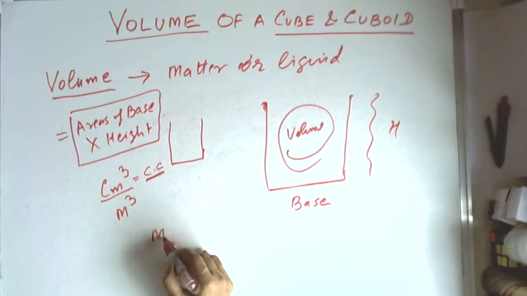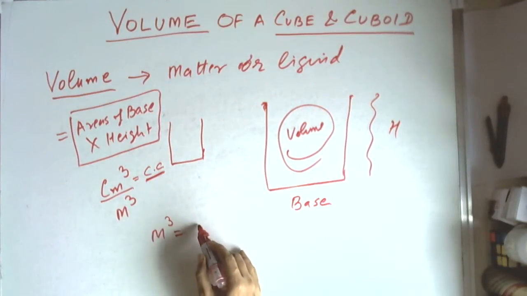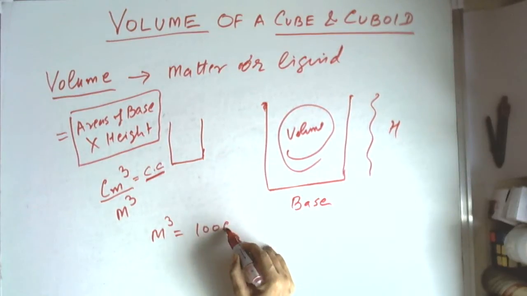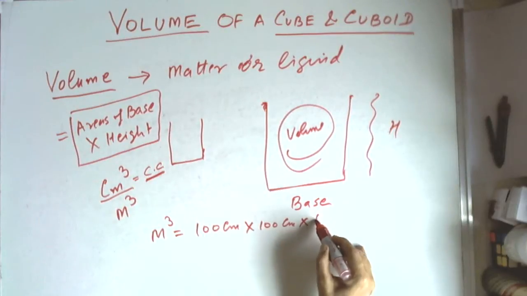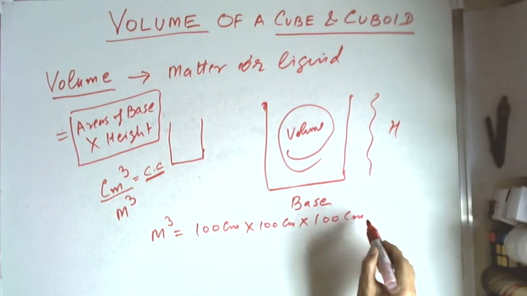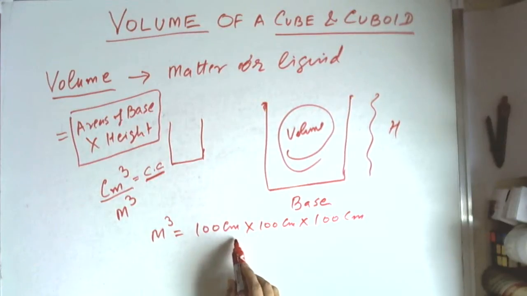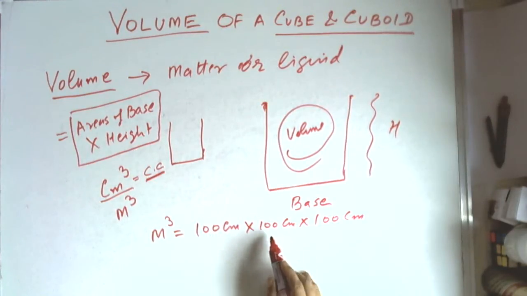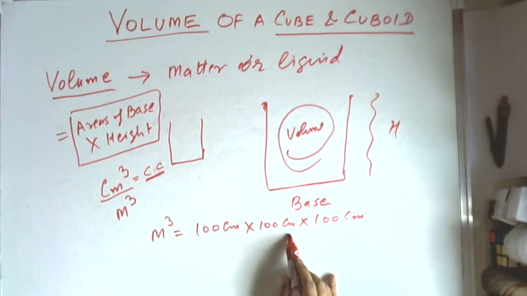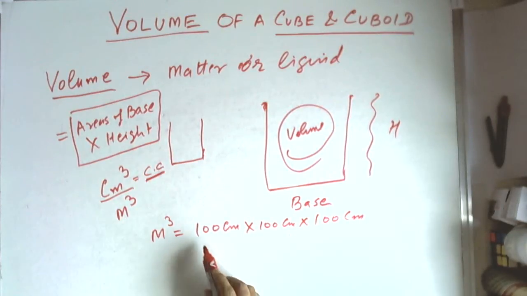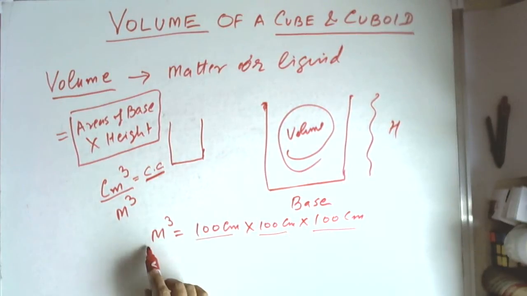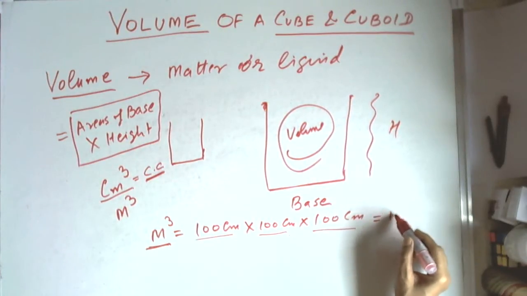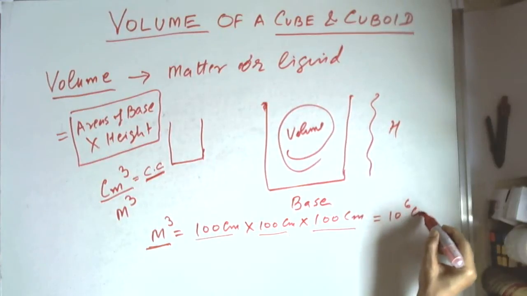And 1 meter cube is equal to 100 centimeter into 100 centimeter into 100 centimeter. That is like a container which is 1 meter long, 1 meter by breadth, and 1 meter height. So this type of container, 1 meter by 1 meter by 1 meter, will contain volume of 1 meter cube, and this is equal to 10 raised to power 6 centimeter cube.